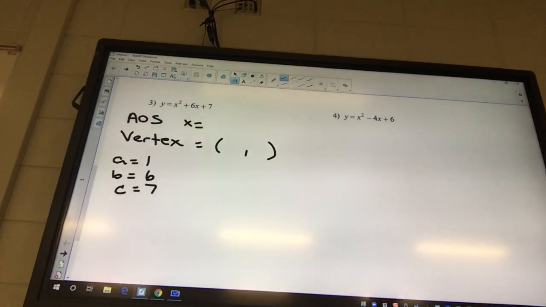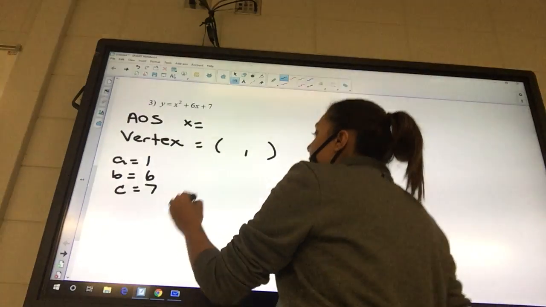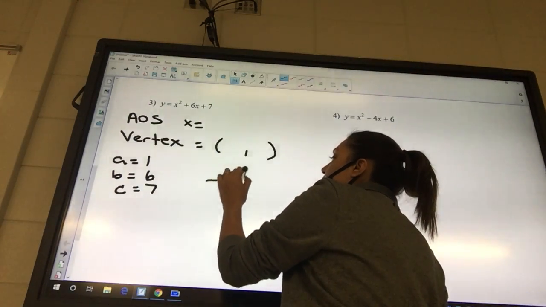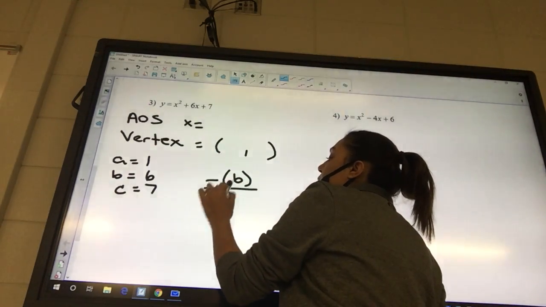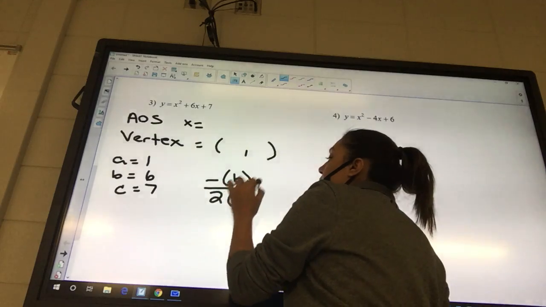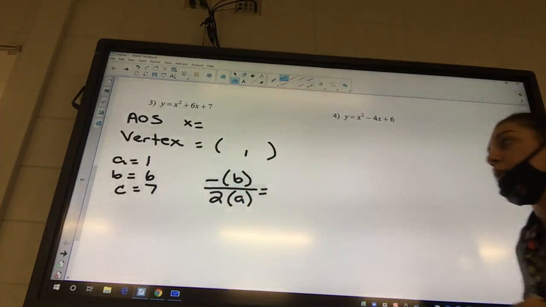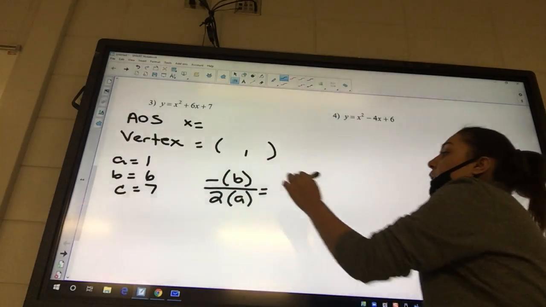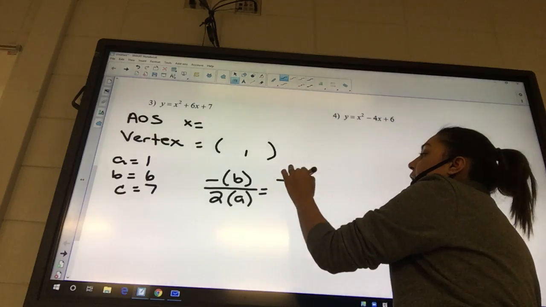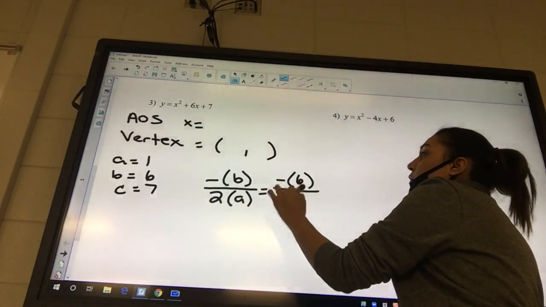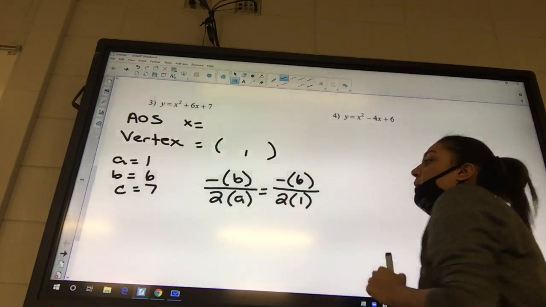And then we need to do negative B over 2A. So you're going to have negative B over 2 times our A. So it'd be negative 6 over 2 times 1.